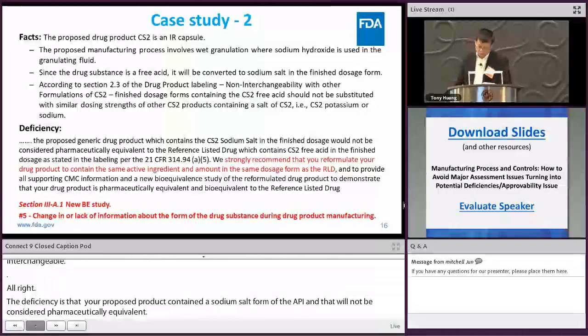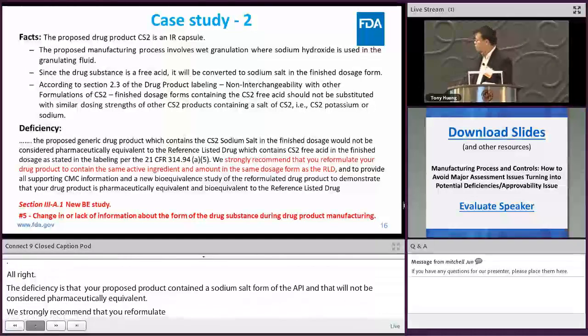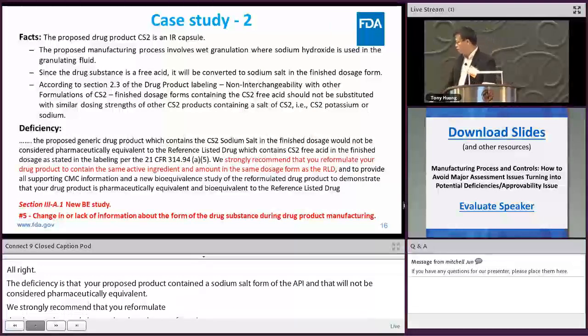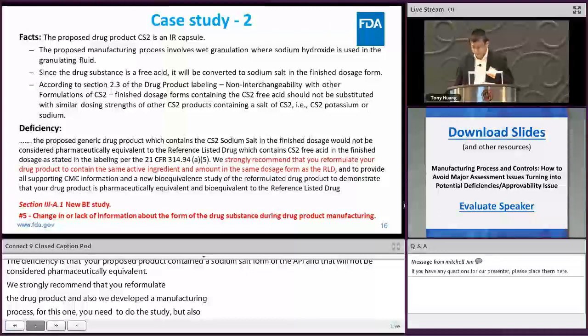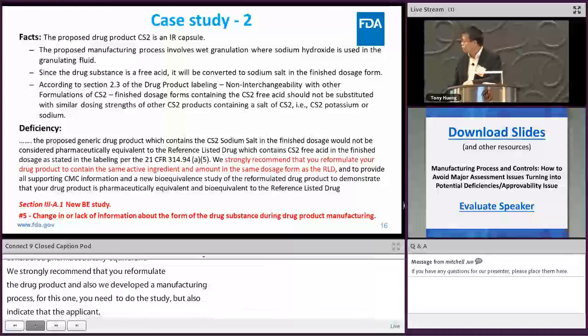So for this one, of course, you need to do a new BE study, and that also indicates that the applicant is not aware of the change to the drug substance during the manufacturing process. In this case, it's a change from free acid to salt form.